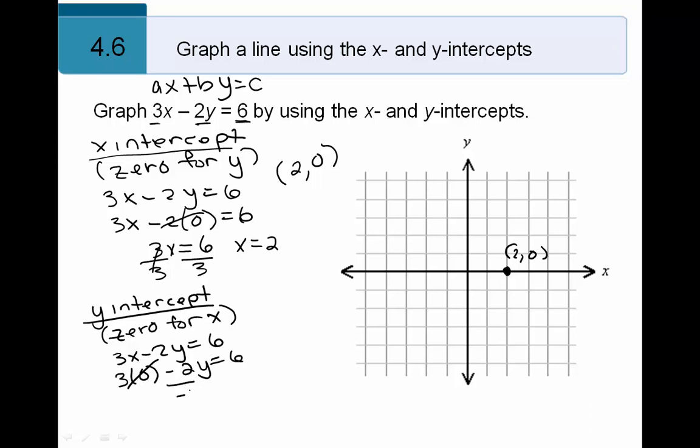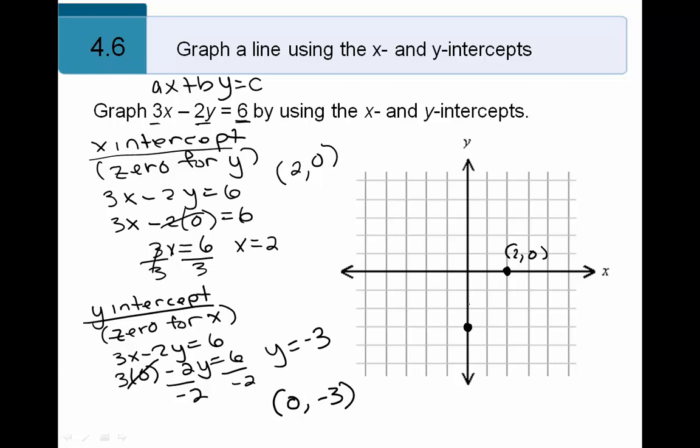Divide both sides by negative 2, and you see that y is equal to negative 3. So when our x is 0, y is negative 3. So we found our y-intercept. So let's plot that point. We'll go left to right 0, down to negative 3.